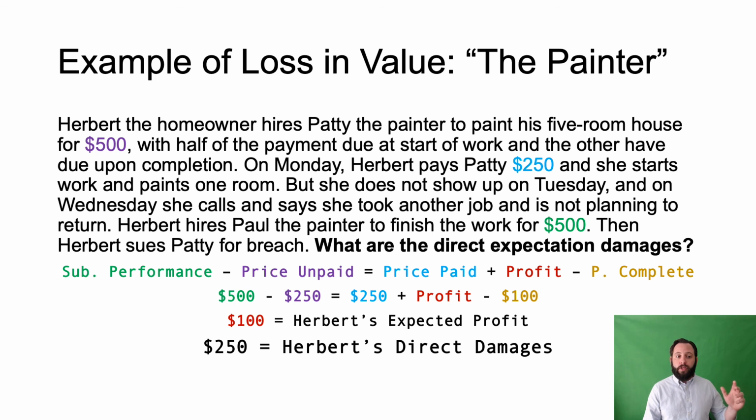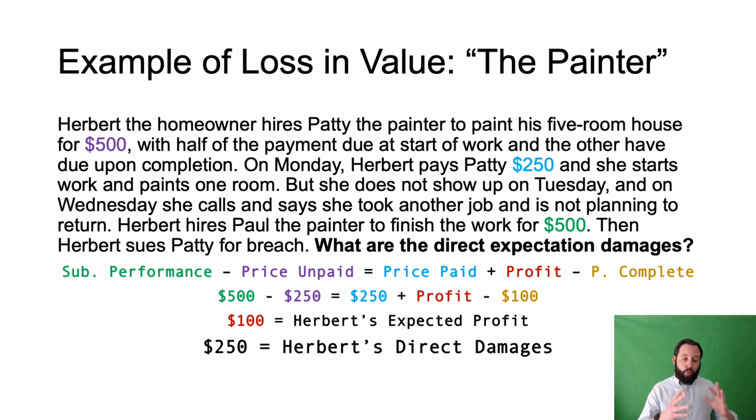In order to give Herbert the amount of damages that will make him whole, we have to give him $250. Why is that? That's because Herbert, first and foremost, has already paid Patty $250, and second, he has to pay more for Paul to finish the job. He only avoided $250 of cost.